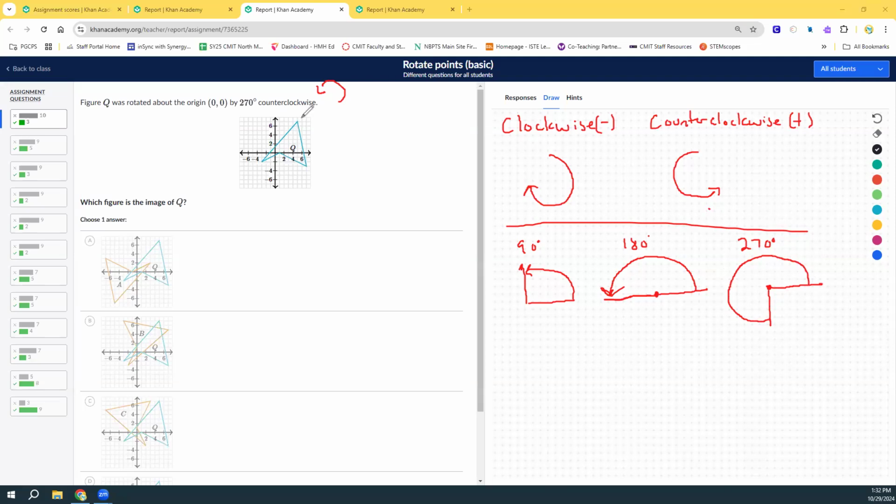And so what we learned in class today is we can take a figure and we can take any point on that figure, and if we rotate it, we should get to the new point. So if I rotate this 90 degrees, that's like a quarter of a way. Another quarter, this would be 180, right? Halfway.